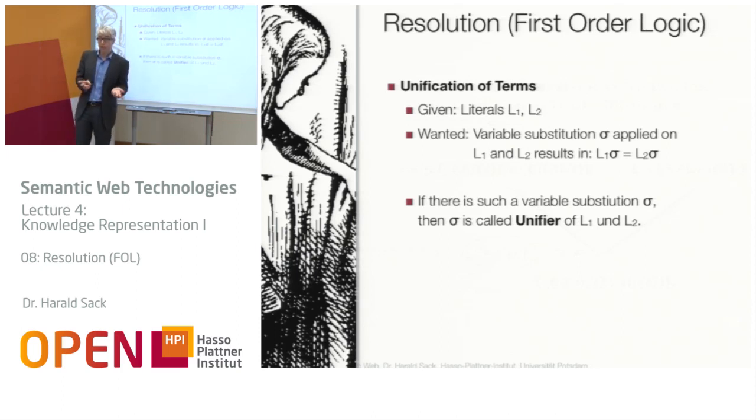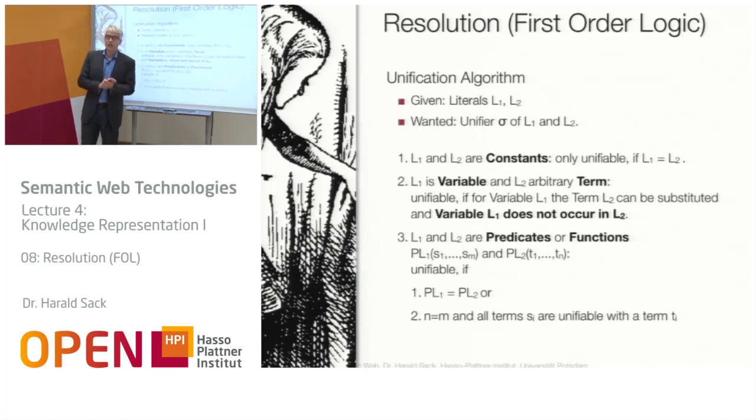And the result should be that L sub 1 with the substitution is equal to L sub 2 with the applied substitution. So if there is such a variable substitution sigma, then sigma is called a unifier of the literals L sub 1 and L sub 2.